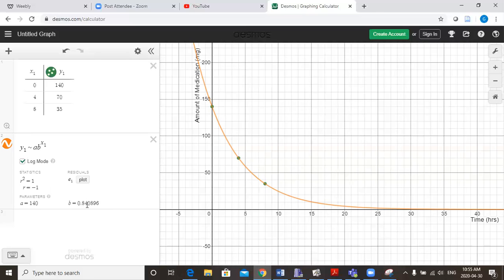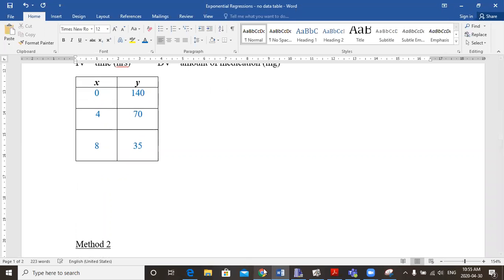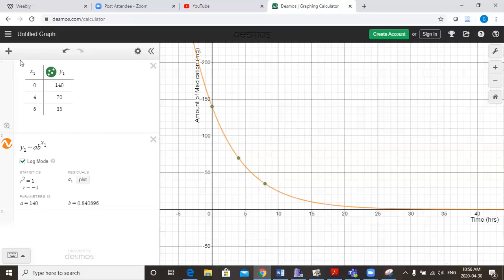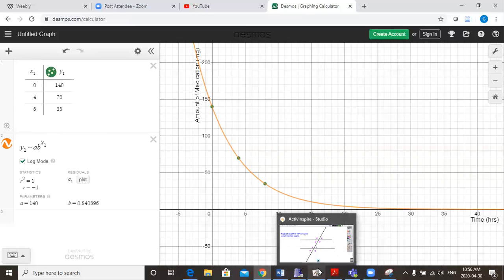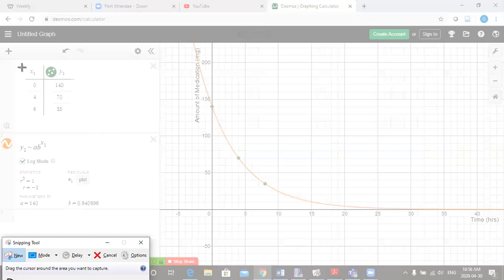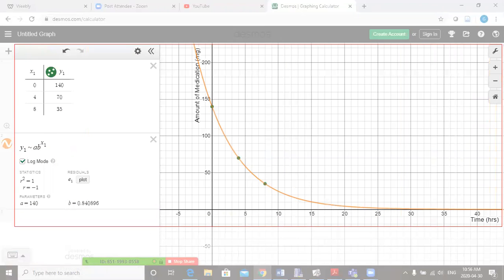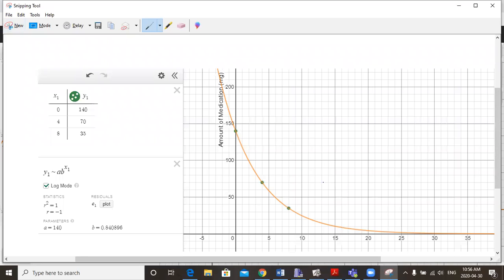It's less than 1, bigger than 0, exponential decay. I will make a snip showing the graph and also showing the information. Make sure you capture the graph as well with the labels.